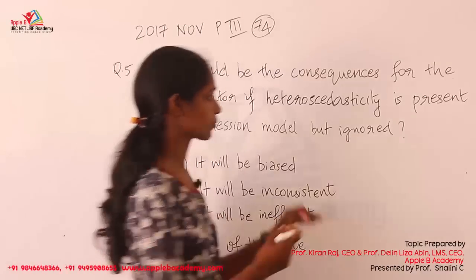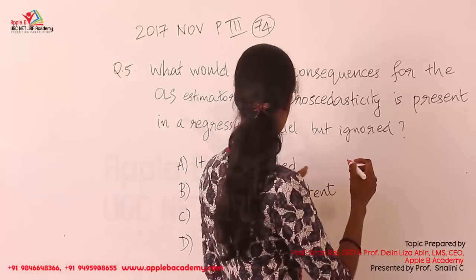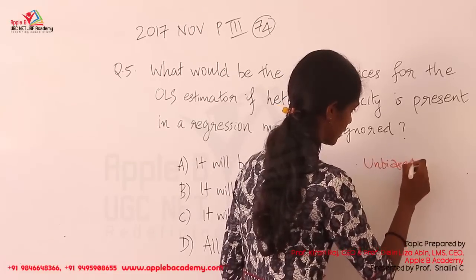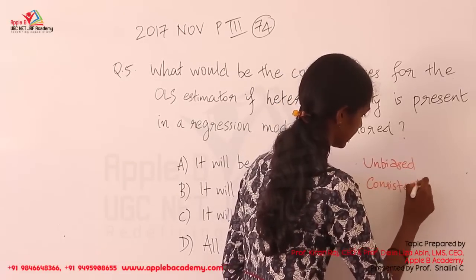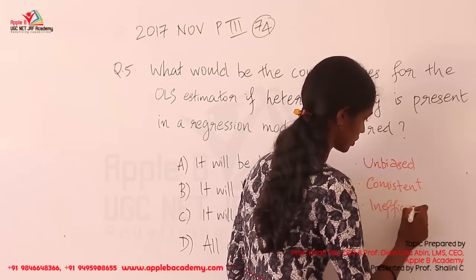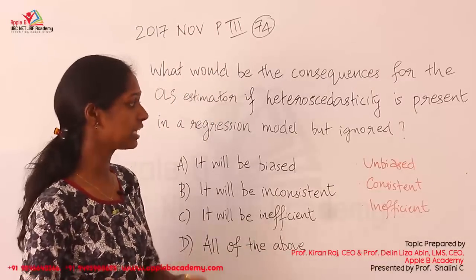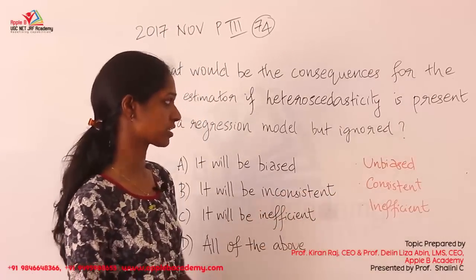So we learned that if we disregard heteroscedasticity, the estimators will be unbiased, it would be consistent, and it will be inefficient. So in short, the estimators would be unbiased, consistent, and inefficient.